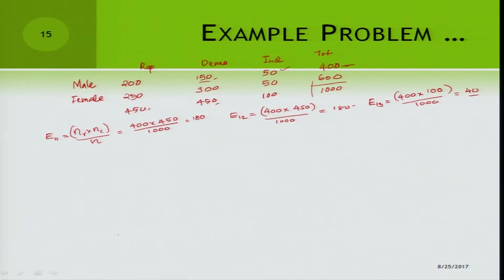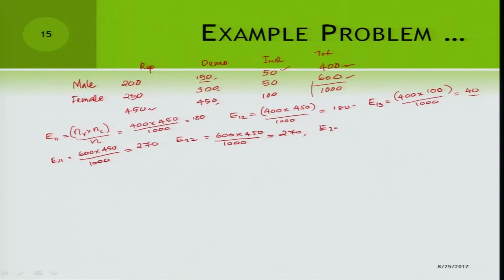If you follow that process, E21 is 600, the next row, times 450, the column, divided by 1000, which gives 270. E22 is 600 multiplied by 450 divided by 1000, which again gives 270.